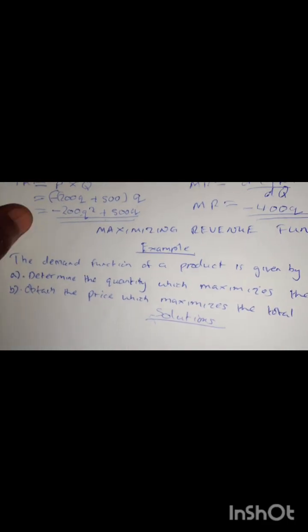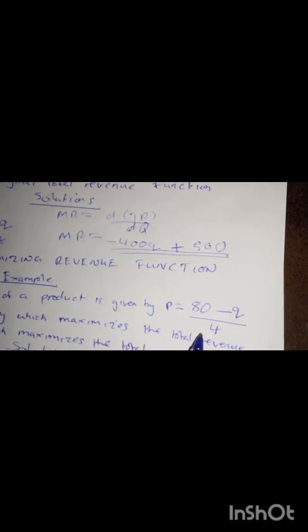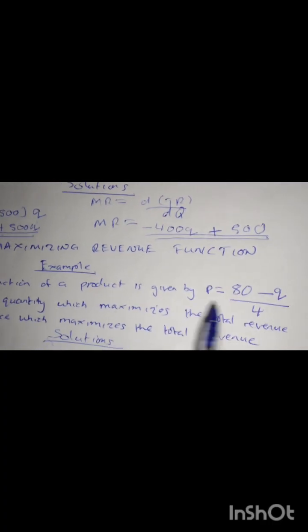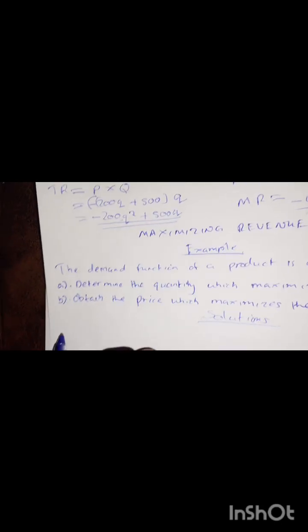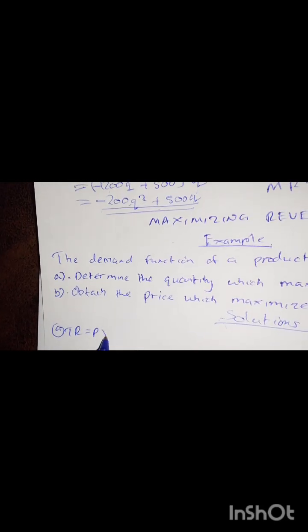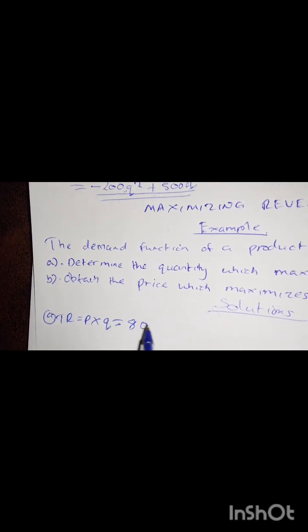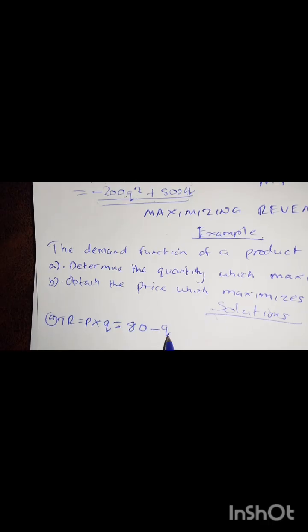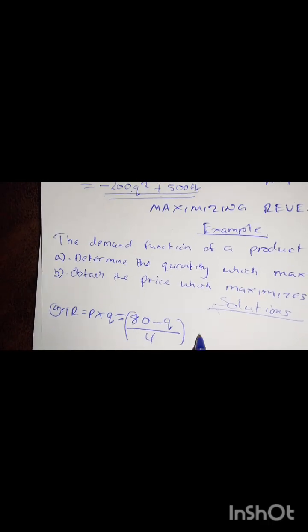From here, we only have the price function, so first and foremost we have to find the total revenue. We know that total revenue is equal to price times quantity. Our price is 80 minus Q over 4, so you multiply it by the quantity.